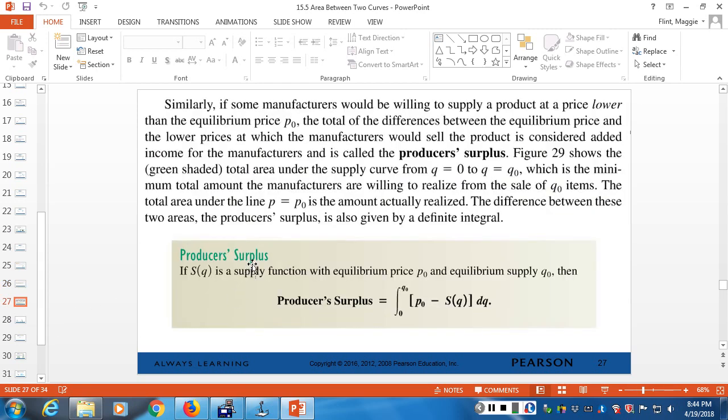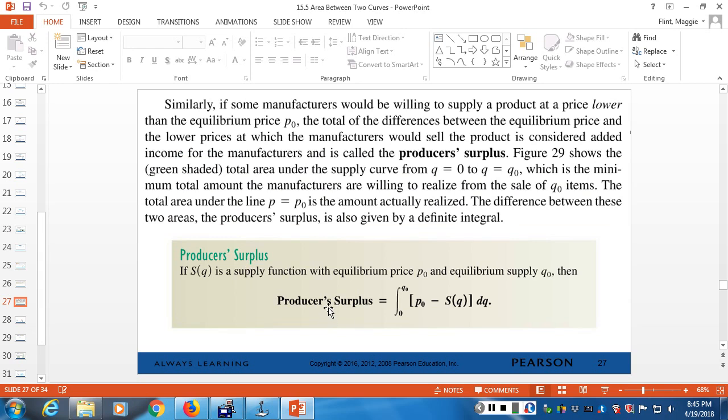Now, on the other hand, we also have something called producer's surplus. That's when the manufacturers are willing to supply the product at a price lower than the equilibrium price. So they actually are willing to charge less, but they charge the equilibrium price, so they have more money to put in their pocket.